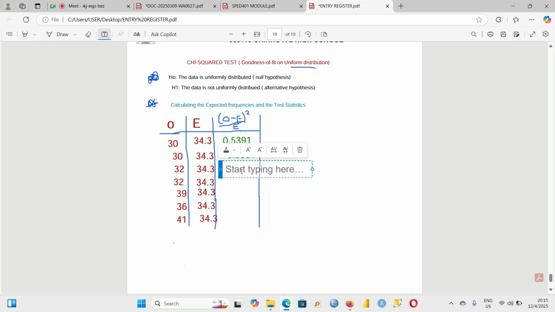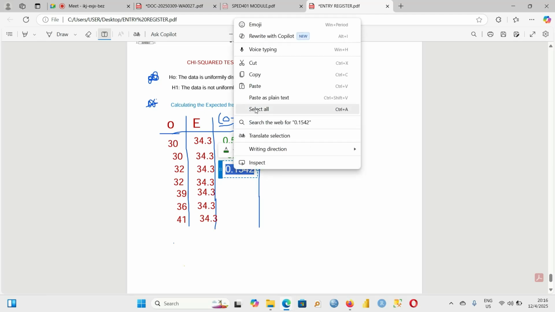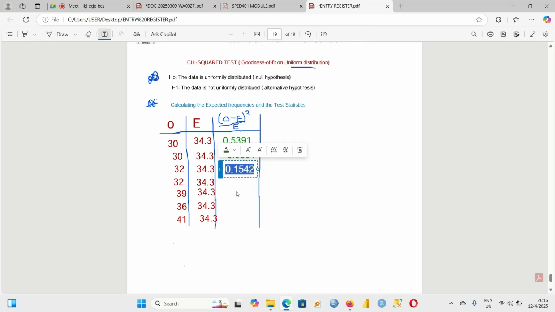I'm getting 0.1542. And again, as you can see, the numbers are the same as the bottom one. So I just paste, then I move on.